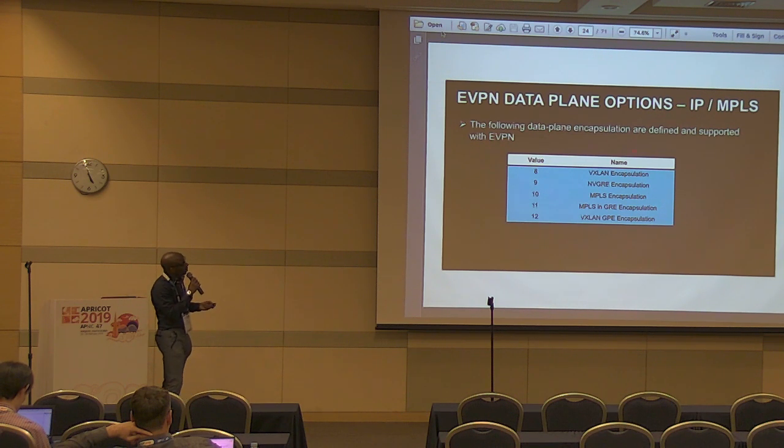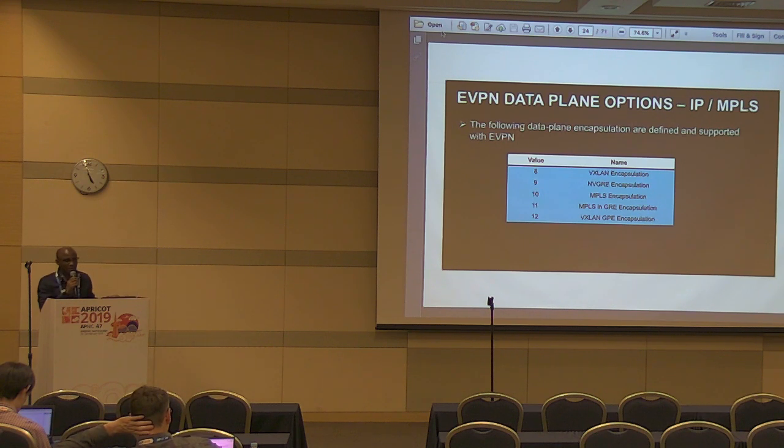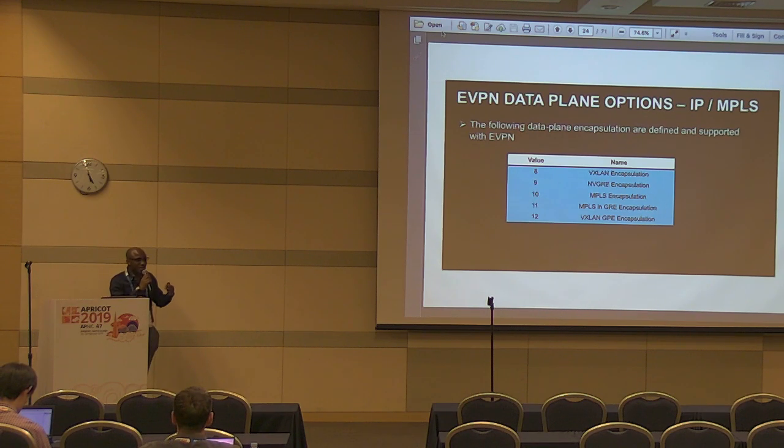EVPN also supports MPLS. Actually, the original draft for EVPN was written around the MPLS data plane encap. The implication is that it mandates you to extend MPLS into your data center, which a lot of enterprises are not keen to do.